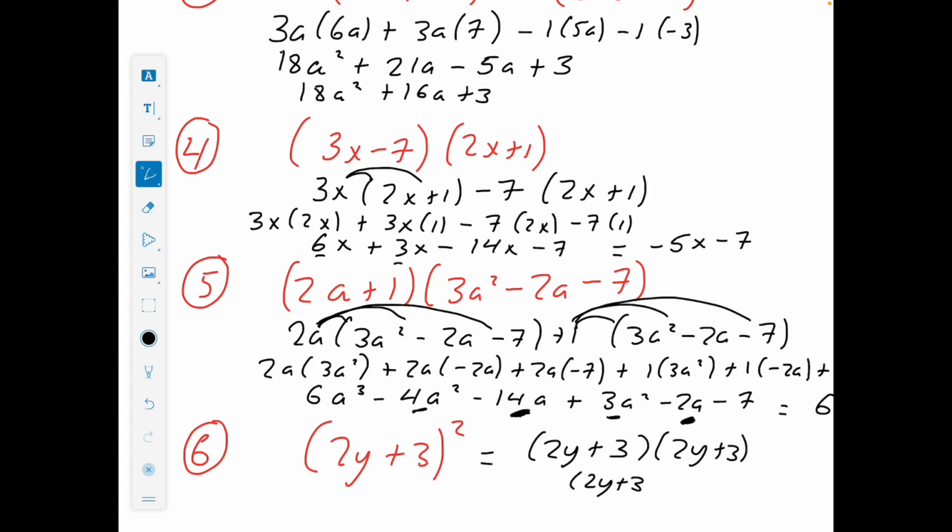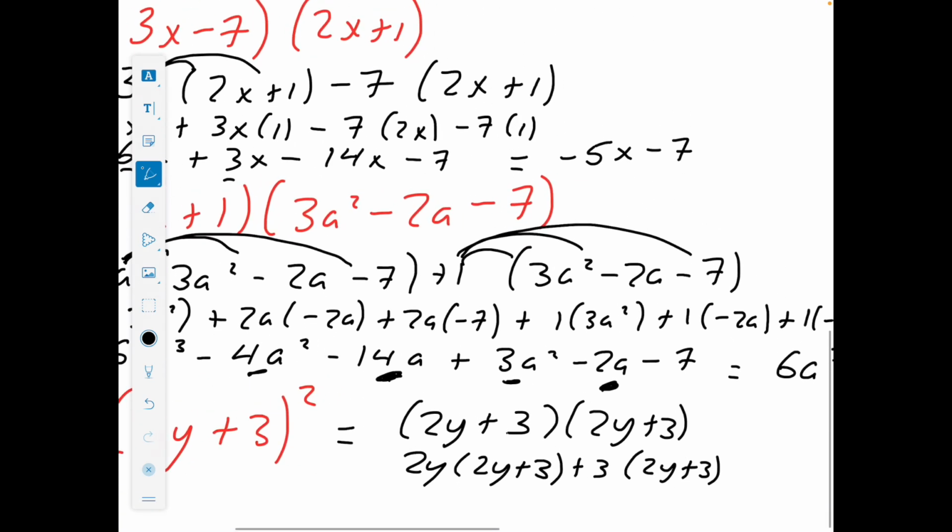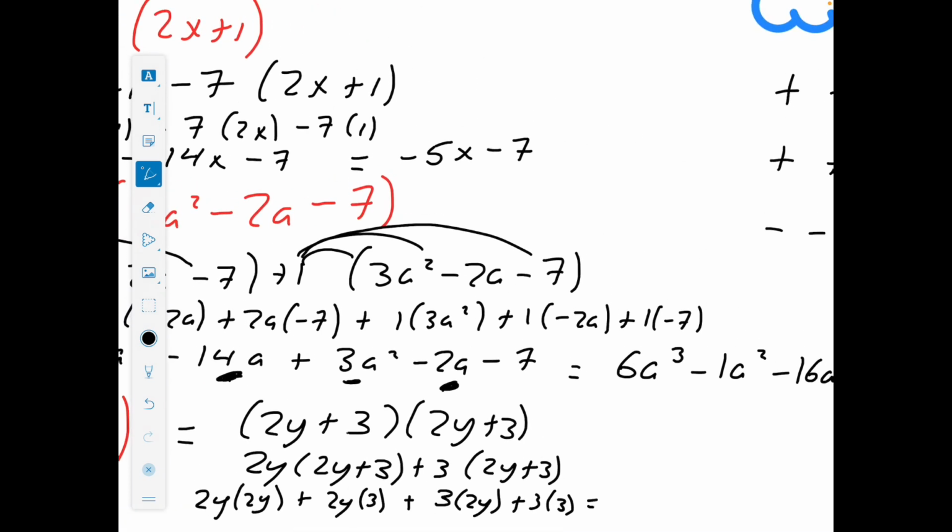Okay, now we're back to example 4 and 5 with two brackets being multiplied together. So just write down the second bracket twice. Now here they're both the same, but we'll just stick with our same rule and split up the first bracket. Okay, so that's going to give me 2y by 2y plus 2y by 3 plus 3 by 2y plus 3 by 3.